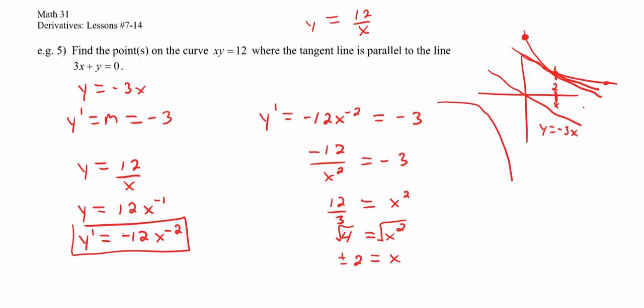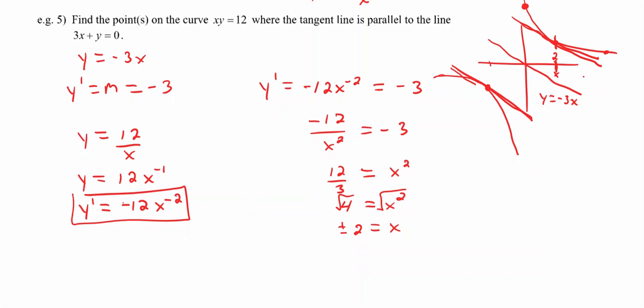I didn't draw the other one; there'd be another part over here. So there'd be another point at negative 2 where this line was also parallel. It'd be there and there. We expected there would be two answers, two places where that would occur.